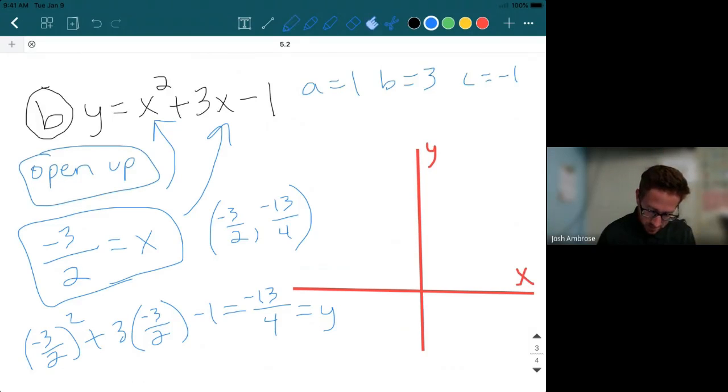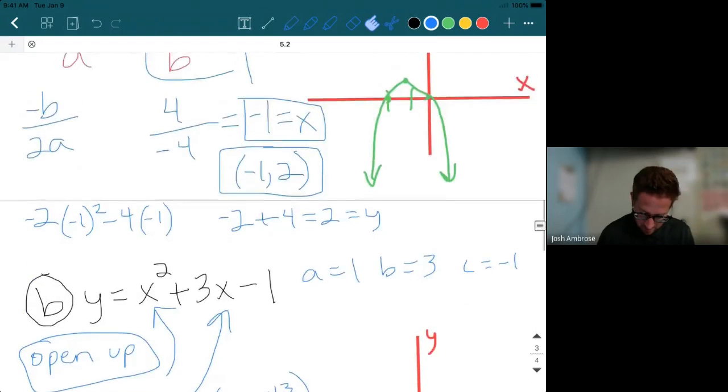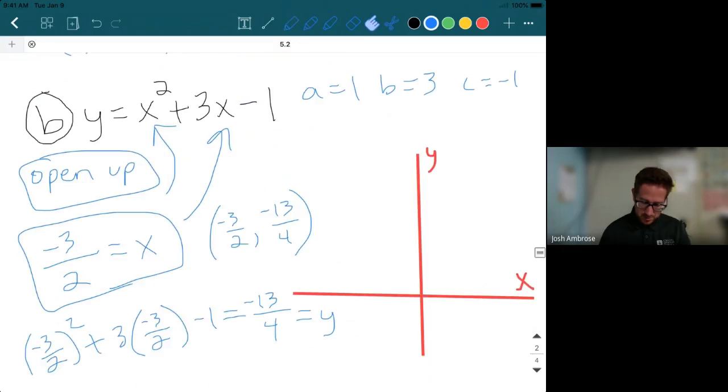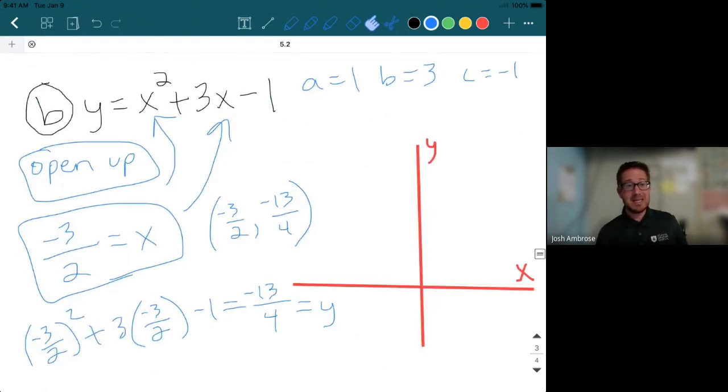So if we go back to a right here, we should have basically at -1, comma 2. So really we would go 1, 2, and we know that dot should be right about there. Okay, so let's go back to this one where, again, it's not a pleasant perfect number. It's a fraction, so we're going to go with approximate, closest as we can get values.